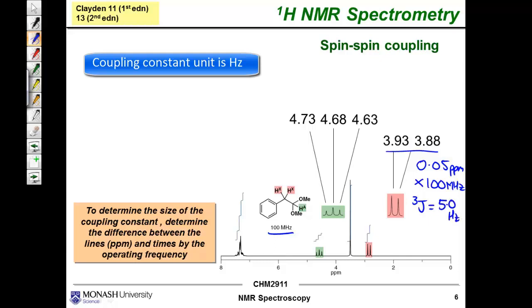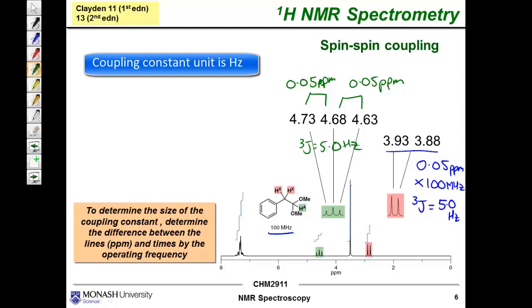And so now if we come over to our triplet, we can see that we have a difference of 0.05 ppm between both of those. And again, we have a distance of 0.05 ppm between both of those. So here we have a 3J coupling constant also equal to 5 hertz.